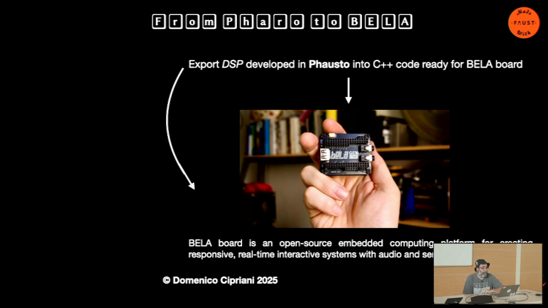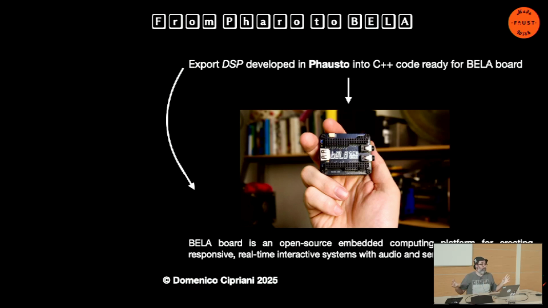Also, we have exported to Bela. Bela is this embedded computer for sound with very low latency. It was created with sound artists and musicians in mind, so we can write our DSP in Faust, and then we can export it to a special C++ written for Bela, and you can load it into the Bela editor, and then you can use your DSP on the Bela board without having to bring your computer.